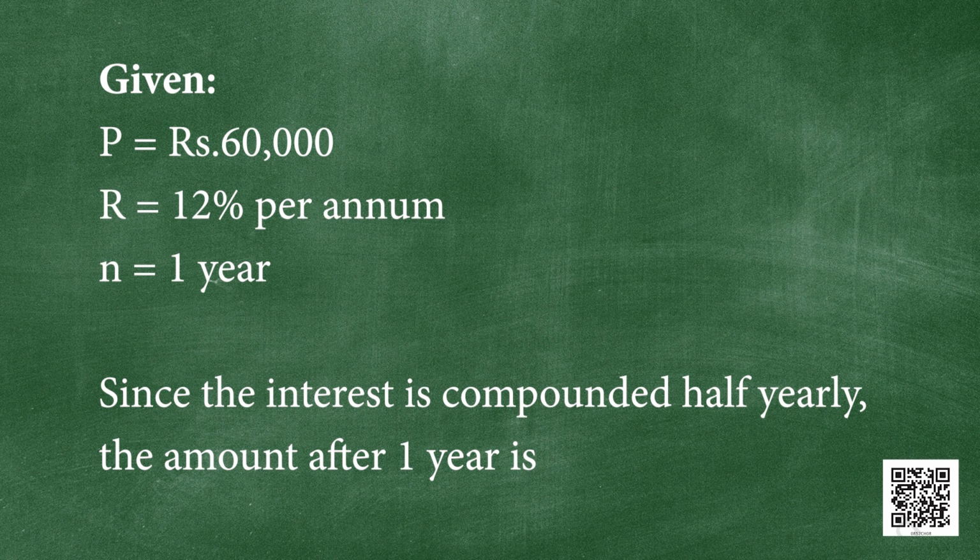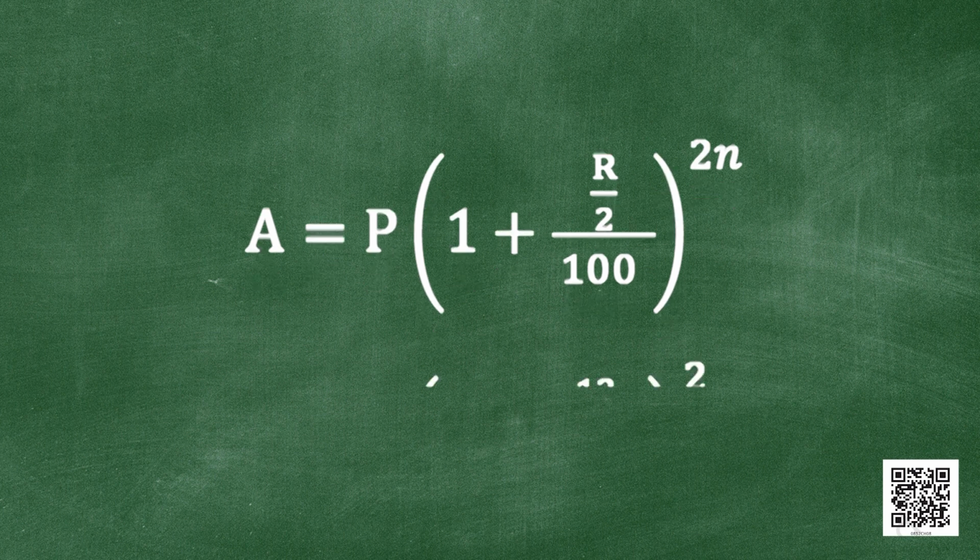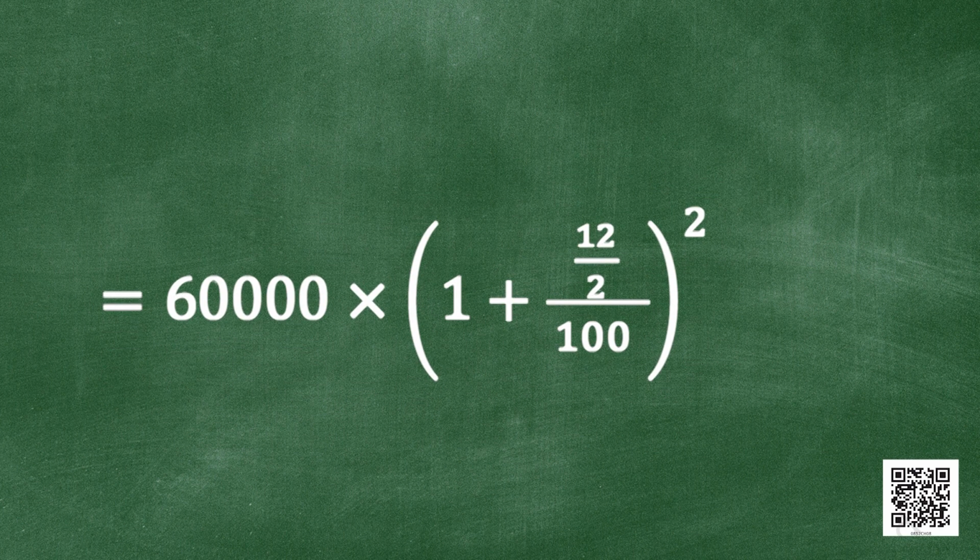Since the interest is compounded half yearly, the amount after 1 year is given by, we have the formula A is equal to P times 1 plus R by 2 by 100 whole to the power of 2n. Here we have P as 60,000 multiplied with 1 plus, given that R is 12, so 12 by 2 whole by 100 whole to the power of 2.